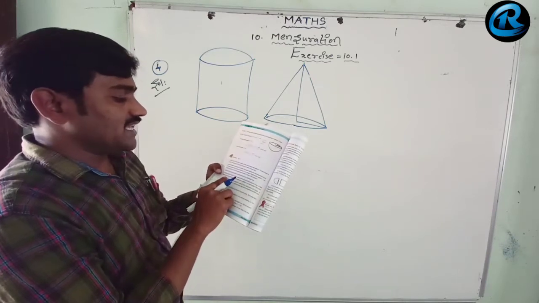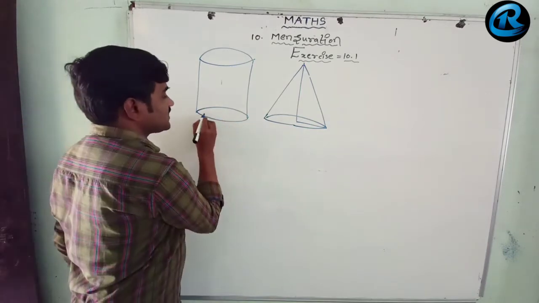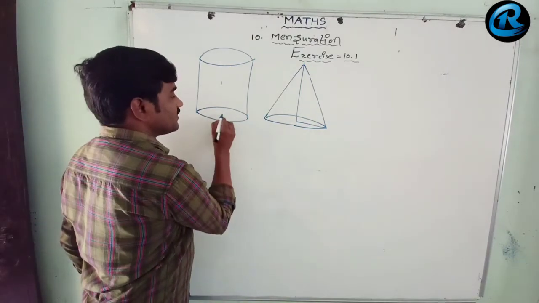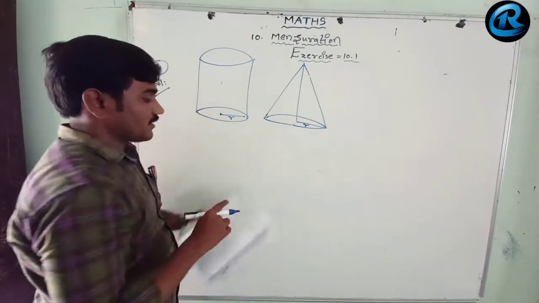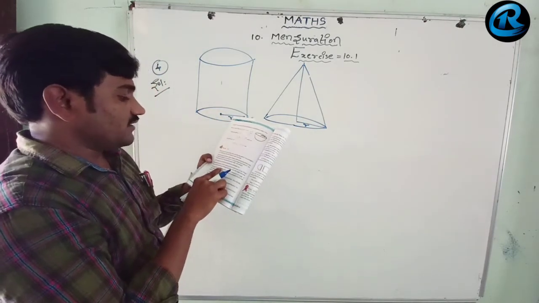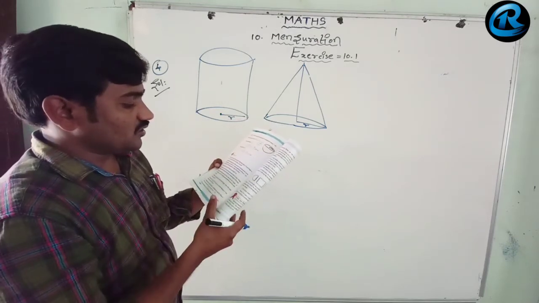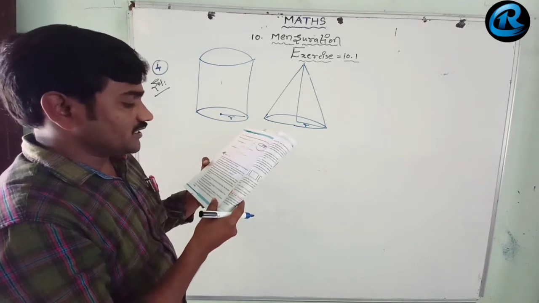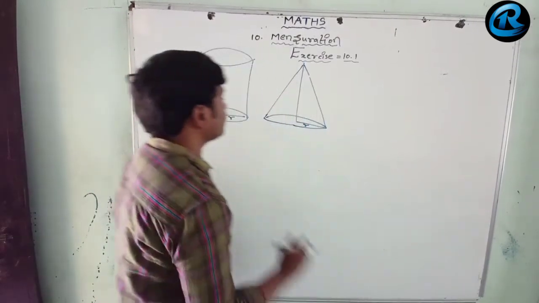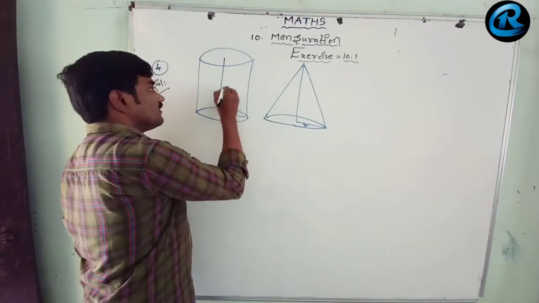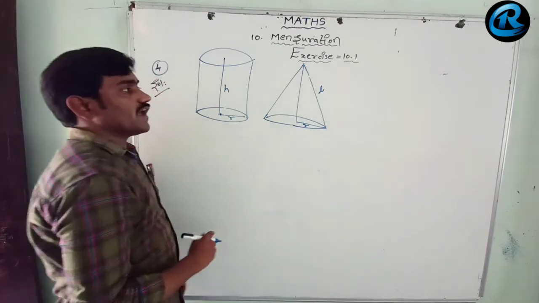If their bases are the same, that means the radius is the same, find the ratio of the height of the cylinder to the slant height of the cone. This we have to find.